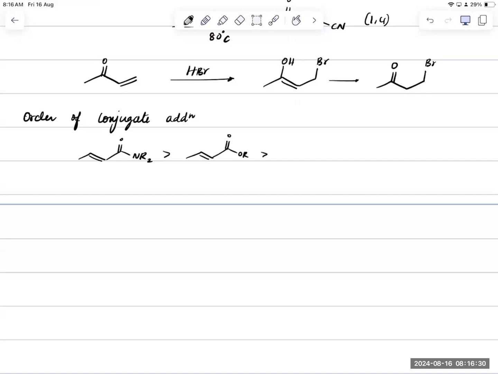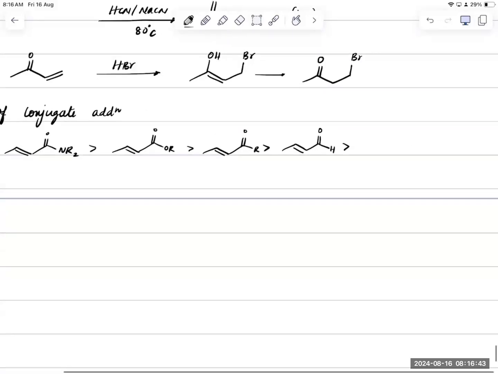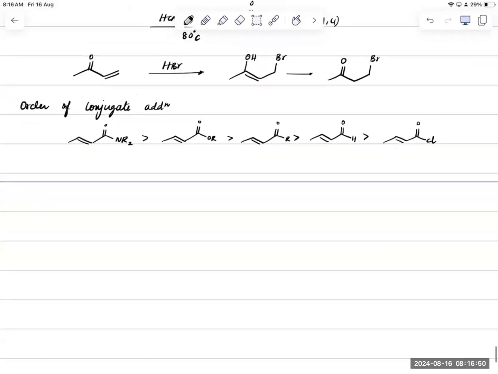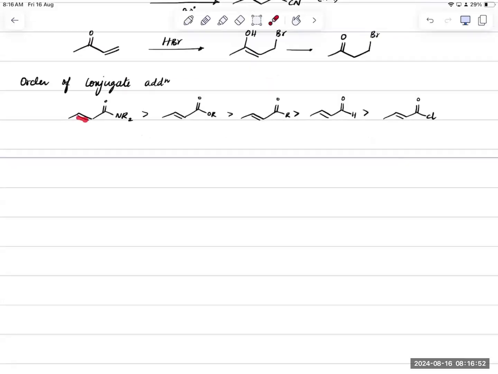First amides, then esters, then ketones, and then aldehydes. Last comes acid chlorides. Acid chlorides. Imagine if there is no 1,4 addition. If this double bond is not there, then the order is exactly reverse. Okay. If there is no double bond, the order is reverse.